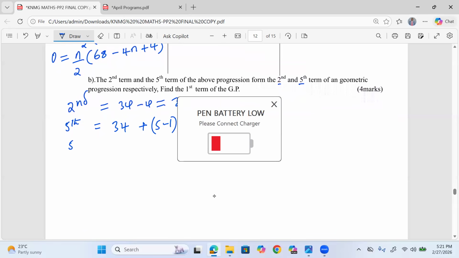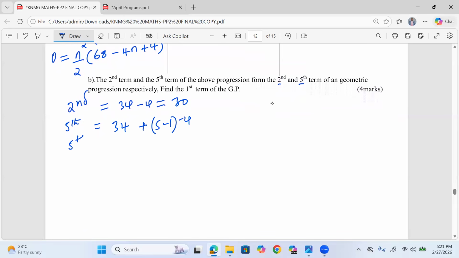So the fifth shall be 34 minus 16, because that is 4 times negative 4. We get 16. So are we getting 18? Yes, it's 18. So this is now the second in a GP, and this is also the fifth in the GP.